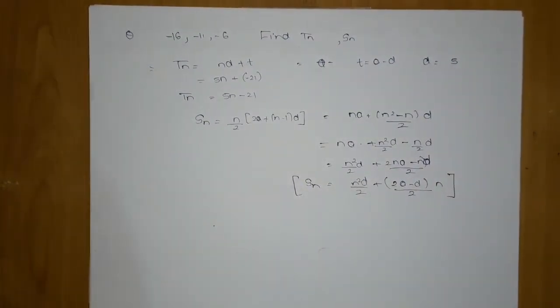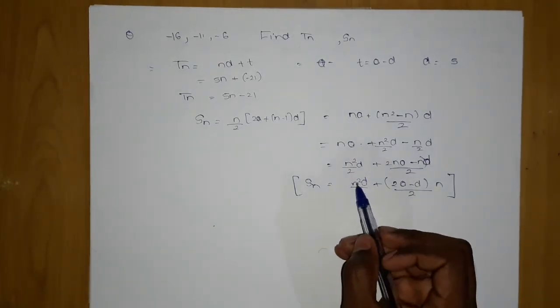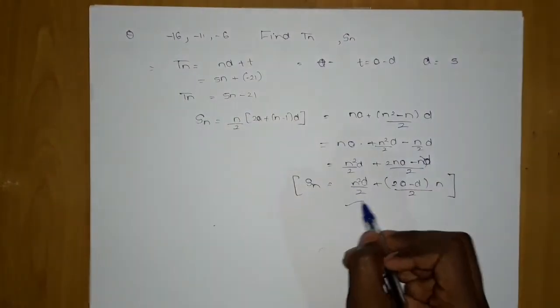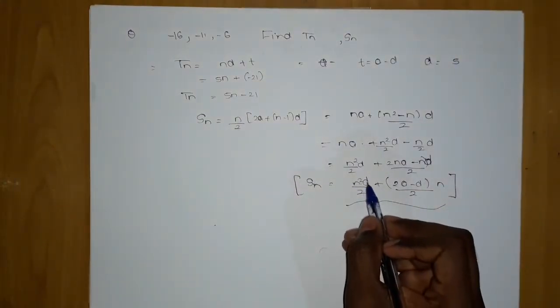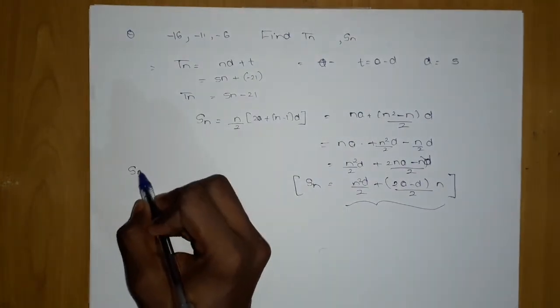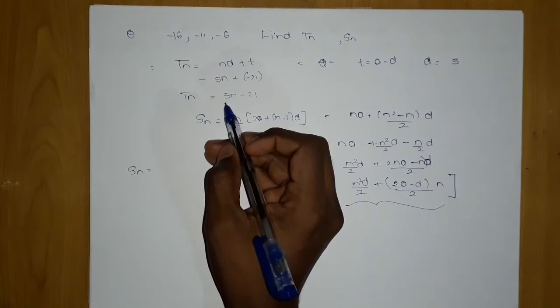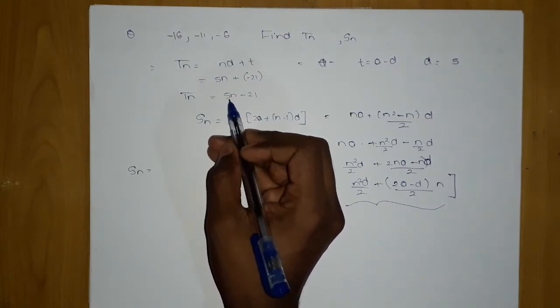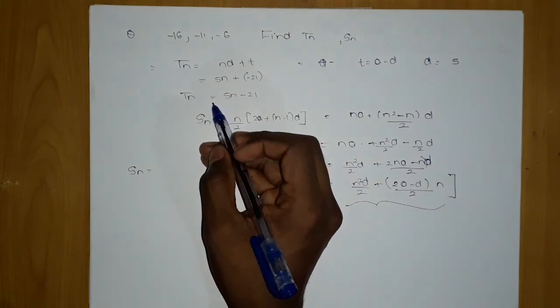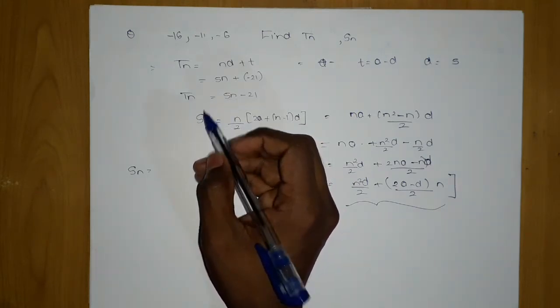Now I want to find Sn. How can I find it? You have Tn. What this formula tells is: take the d part, square it and divide it by 2. So from Tn, take the d part, which is 5, and divide by 2.